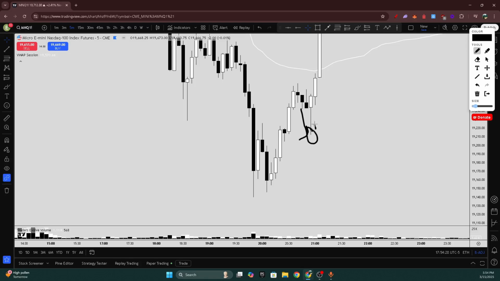And then we pushed all the way back up until here and then closed a little bit below that. But this candle shows that sellers came in, but buyers held this overall level. This is a supply zone. You'll learn more about that later.